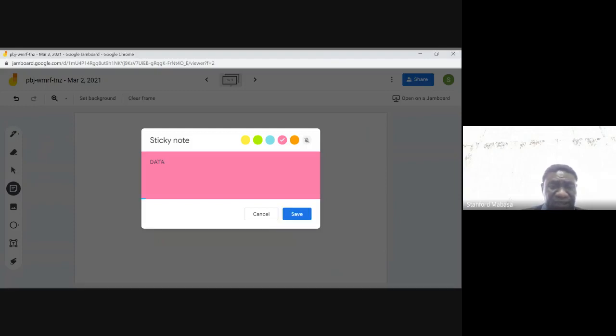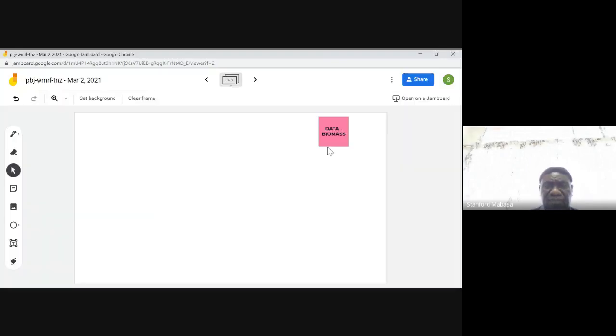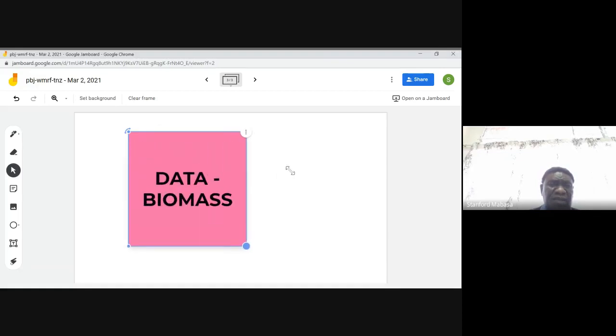So data which is collected from this study is biomass.